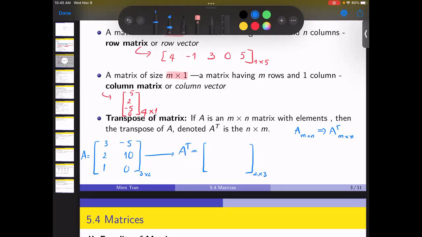So this column becomes the first row, and this column becomes the second row. That's it. So 3, 2, 1, and then -5, 10, 0. That's it.